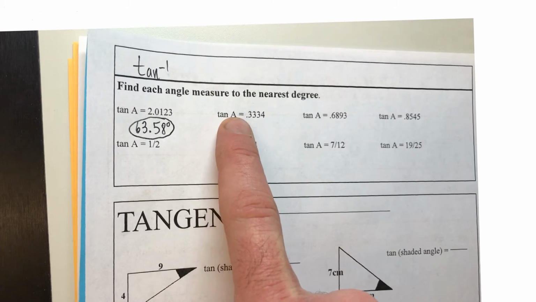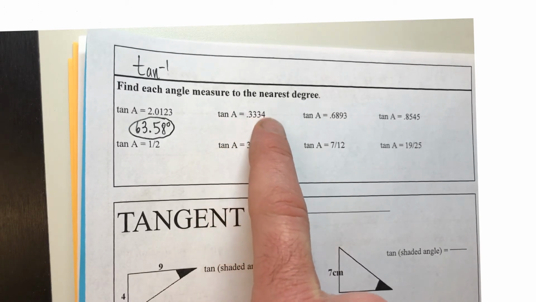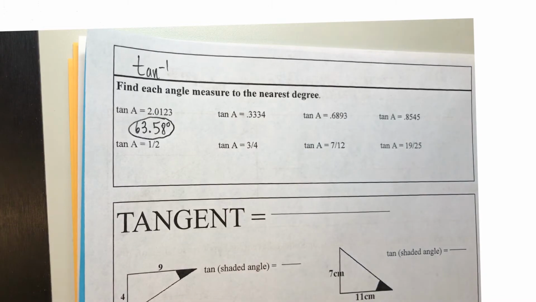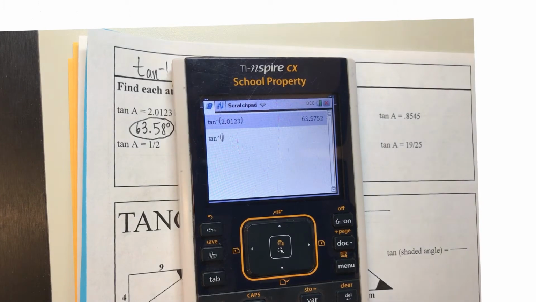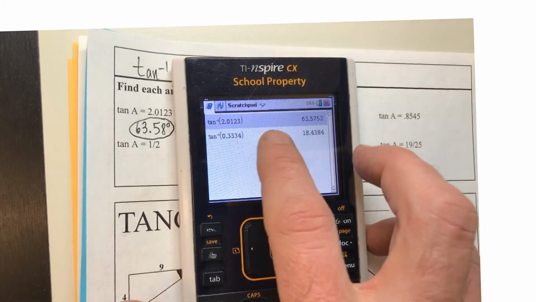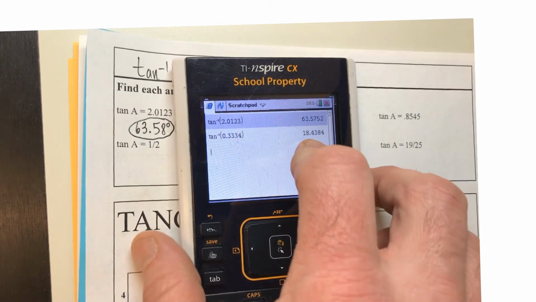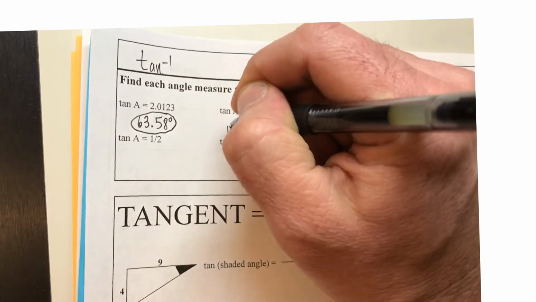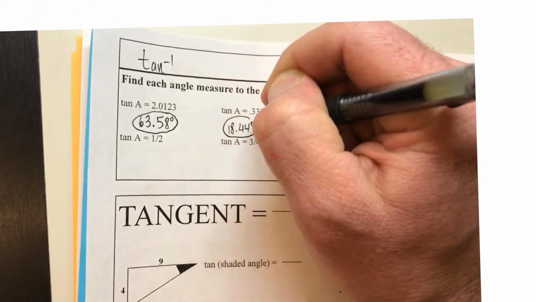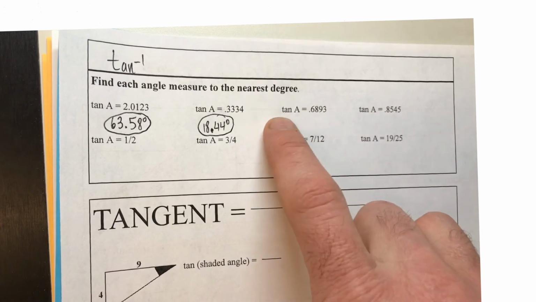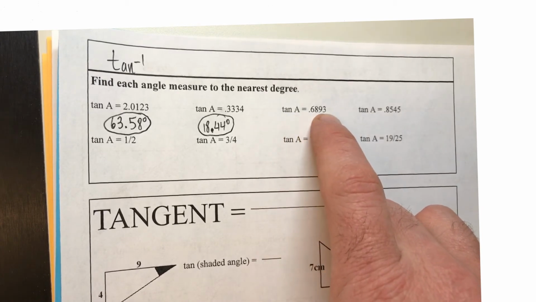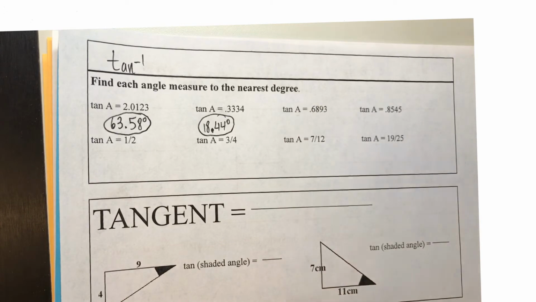All right, next, I want to know if an angle has a tangent of 0.3334, how big is that angle? So again, I'm going to use tan inverse of 0.3334. Okay, good. So the angle would be 18.44 degrees. Okay, if an angle has a tangent of 0.6893, go ahead and do those next two real quick.